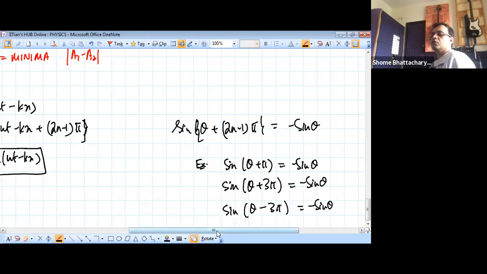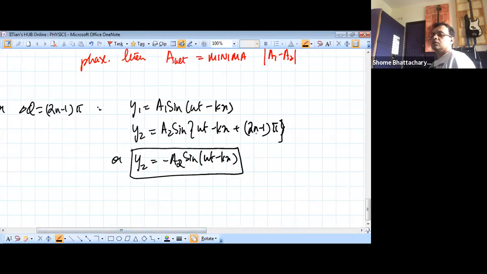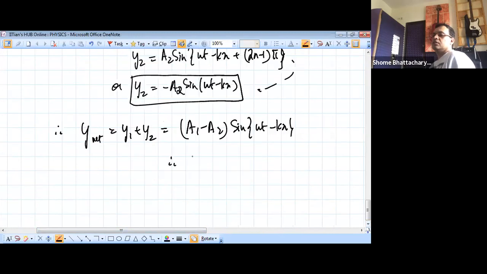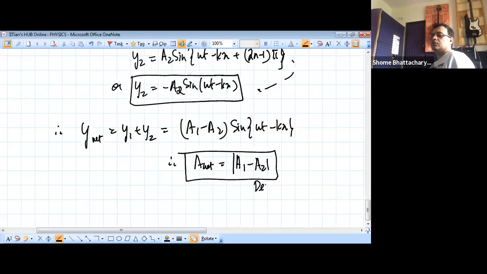So any odd multiple of pi results in this. Therefore, your y net, which is y1 plus y2, results in A1 minus A2 times sine omega t minus kx. So you can see that the net amplitude becomes the modulus of A1 minus A2, and that is the condition of destructive interference.